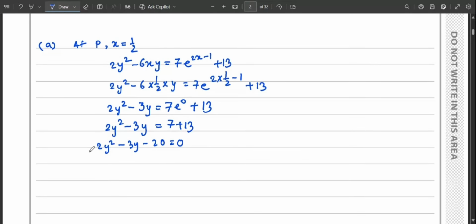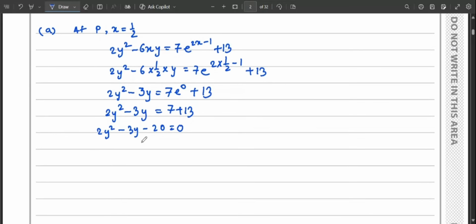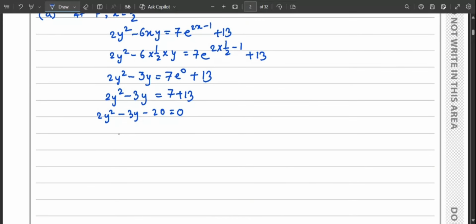Now to solve for the values of the y coordinate, we need to solve this quadratic equation. There are many ways of solving a quadratic equation. We can use the middle term method to solve this. Here we can see that when we multiply this coefficient and this coefficient, we get 40.